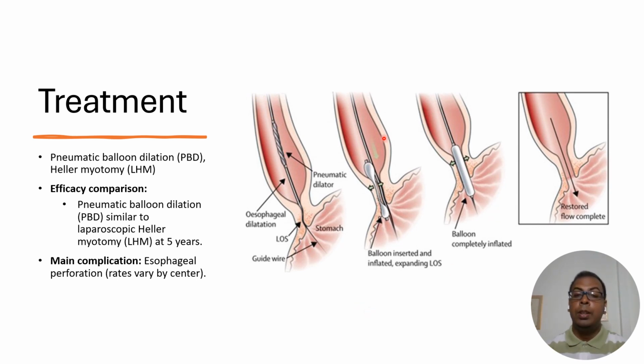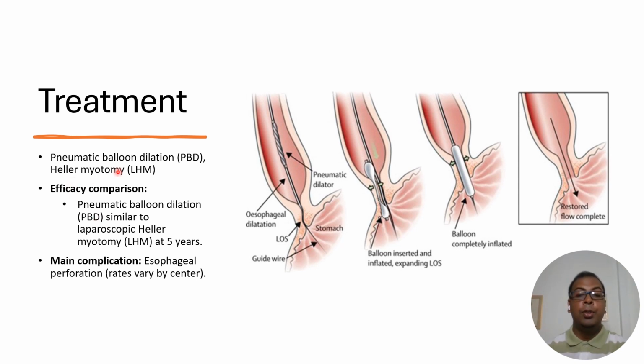And associated with that catheter, you would have a balloon, and the balloon will be positioned at the level of the lower esophageal sphincter and it will be inflated. When it's inflated, it would create an opening at the lower esophageal sphincter, and that would help to relieve the constriction that was present there.